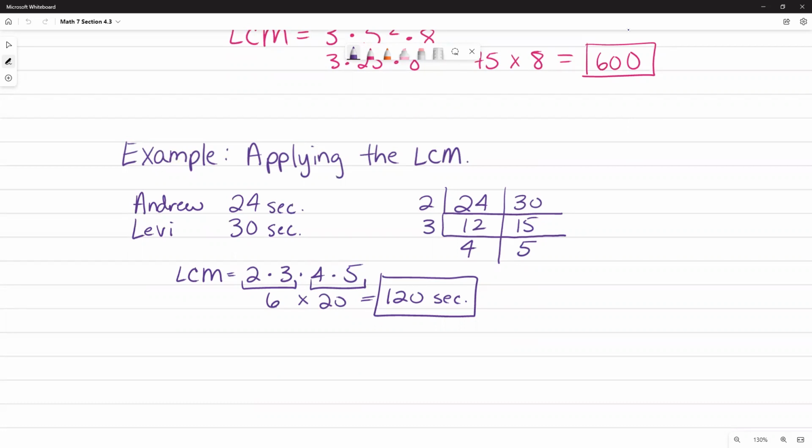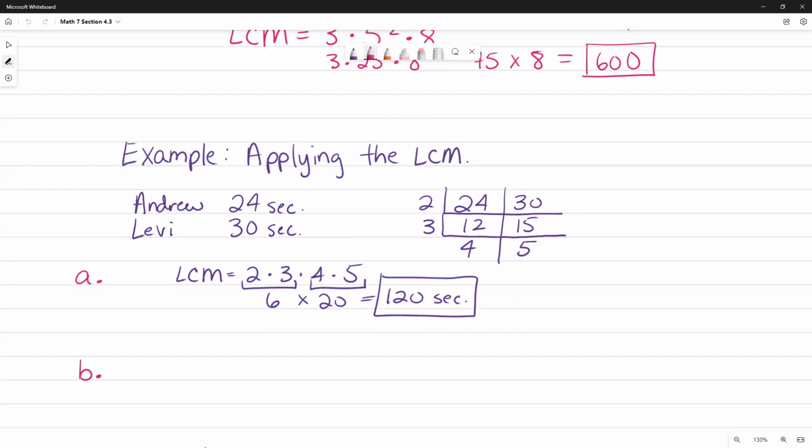The second part is find the number of laps that each boy will have completed at that point. So what do we have to do here? You're asking how many laps are they doing in 120 seconds? So what are we doing? So we're dividing. Yeah. And I found 5 for Andrew and 4 for Levi.